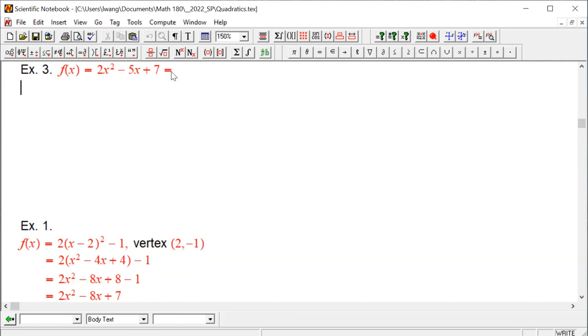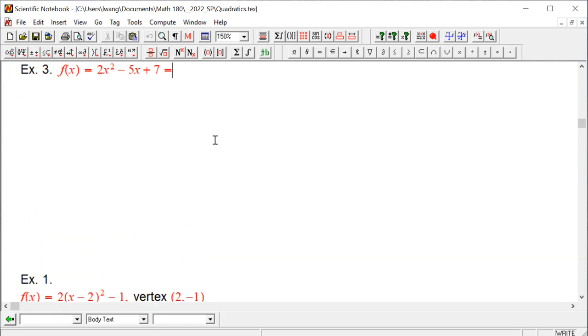And I'm going to find out what will be the h, what will be the k. The a is decided from the outset. So it's going to be 2 times (x minus h) squared plus k.